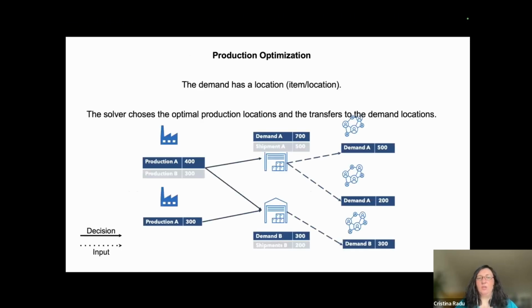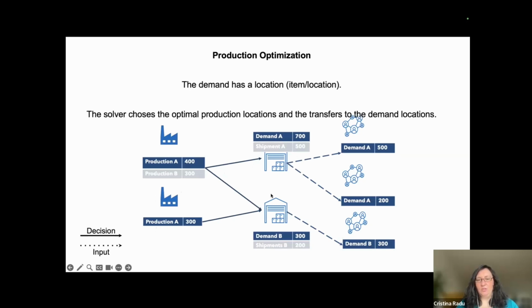And now let's talk about the two types of optimization we have in supply chain. As I mentioned, we can have production planning, production optimization, and we have the production facilities. So this is where we produce.